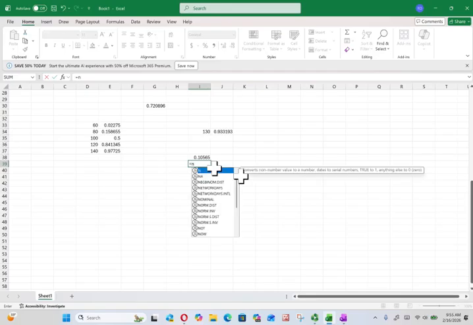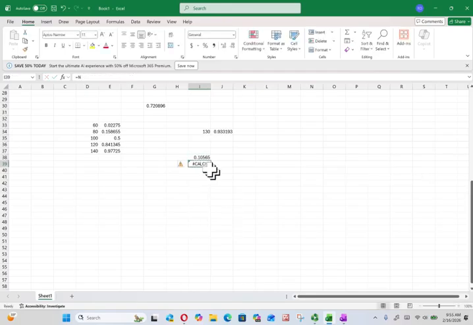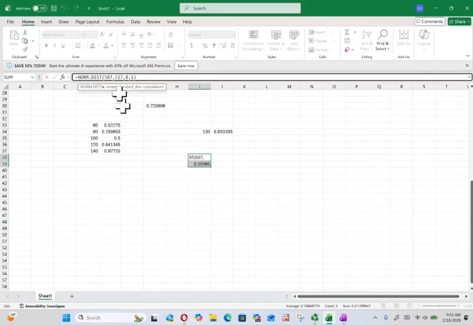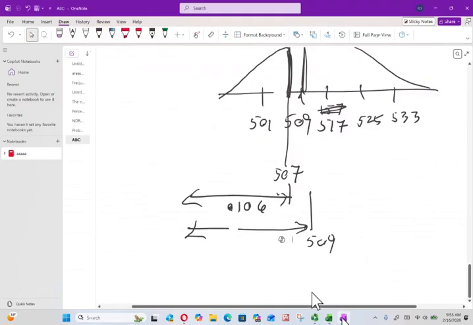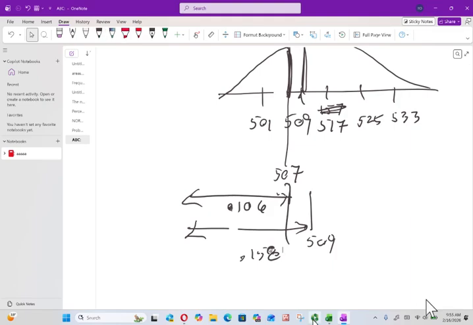Equals norm.dist, 509. 0.158. What's the area between them?